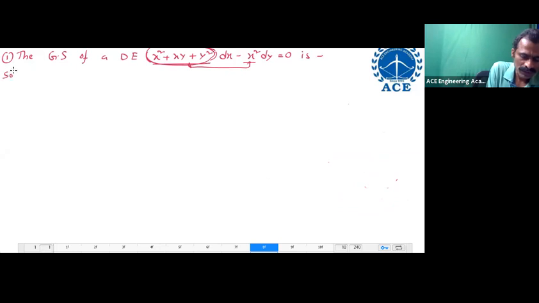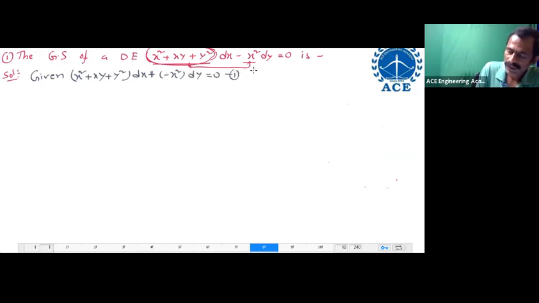Let us solve this problem. Given differential equation is (x square plus xy plus y square) dx minus x square dy equal to 0. Since it is in the form of m dx plus n dy equal to 0, we use the other general form, the derivative form.